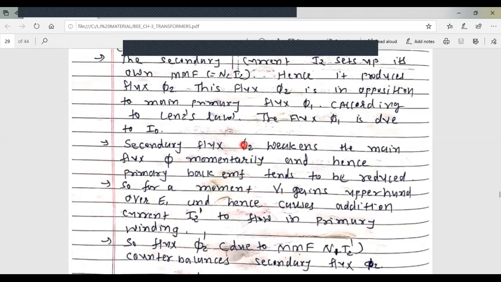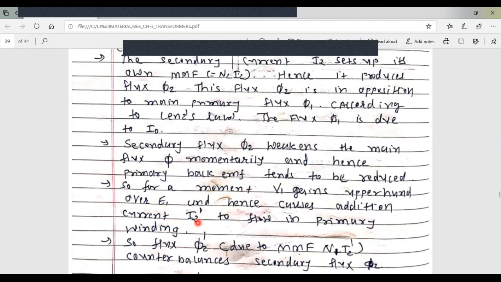When this phi2 weakens the primary flux momentarily, hence primary back EMF tends to be reduced. So due to that, V1 gains upper hand on E1. V1 is the voltage at the primary winding and E1 is the EMF induced in the primary winding.